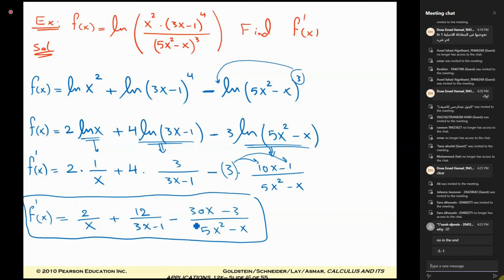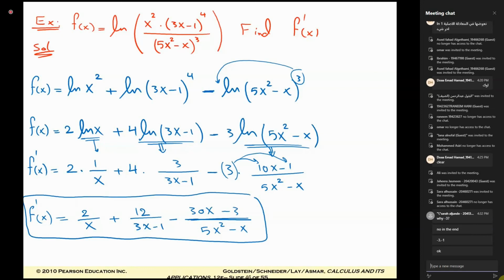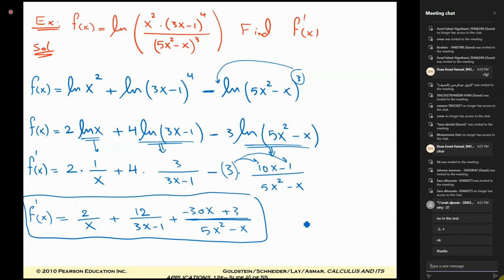No, we don't have negative 3. If you put negative 3, put it positive, negative, positive, like this. Because you multiply, we have negative, but multiply 3 with 10x minus 1. So we have over something. This is subtract.